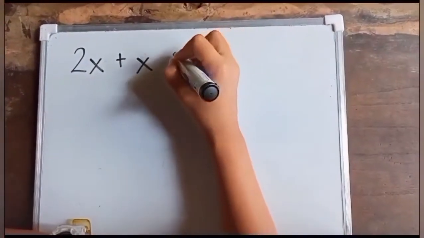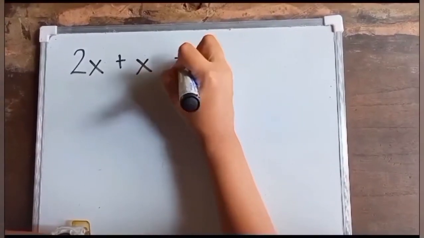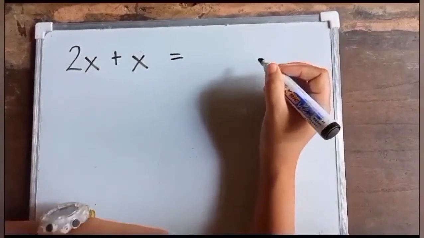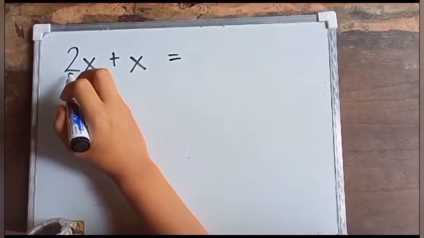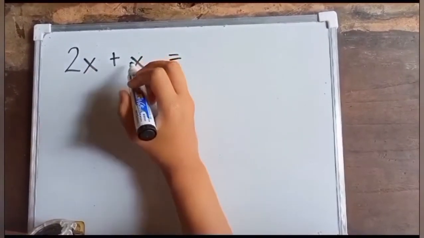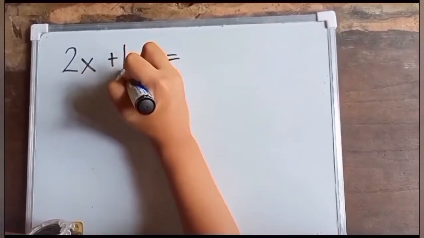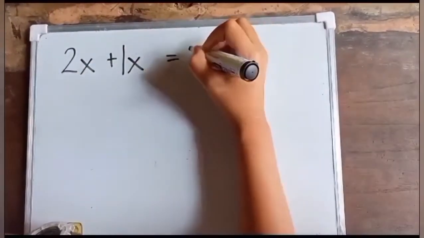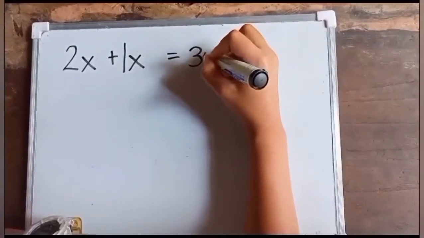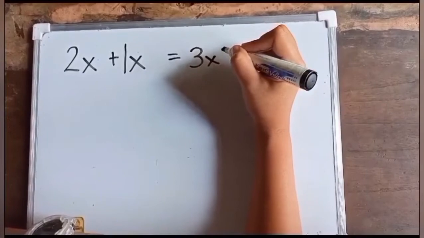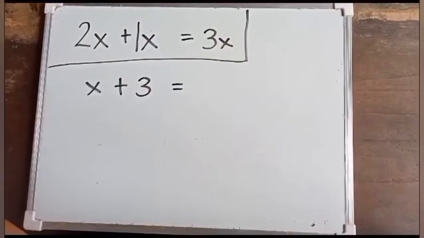In this case, we have the same variable, which is x, and the exponent is only 1, so they are alike. Add the numerical coefficients, 2 plus 1, which is equal to 3, and copy the variable x, so the answer will be 3x.